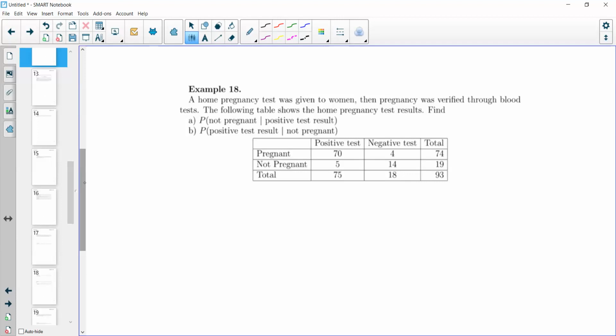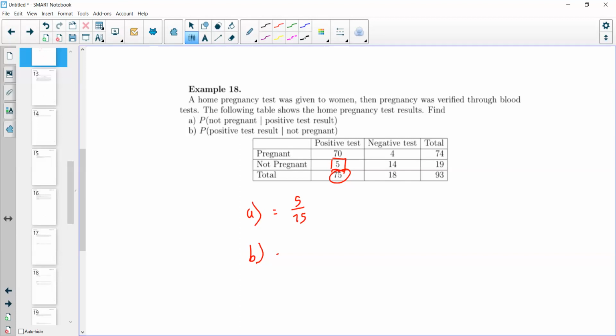So how many people got a positive test? 75, right? And how many of them were not pregnant? So our probability for that is simply 5/75. Now, how many people have a positive test given that they are not pregnant?